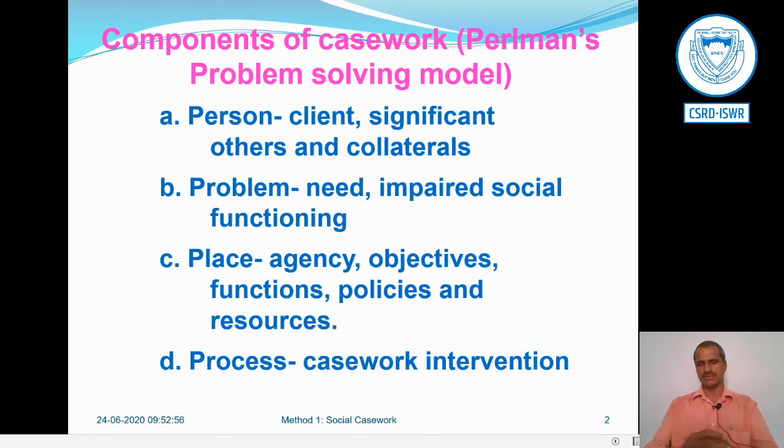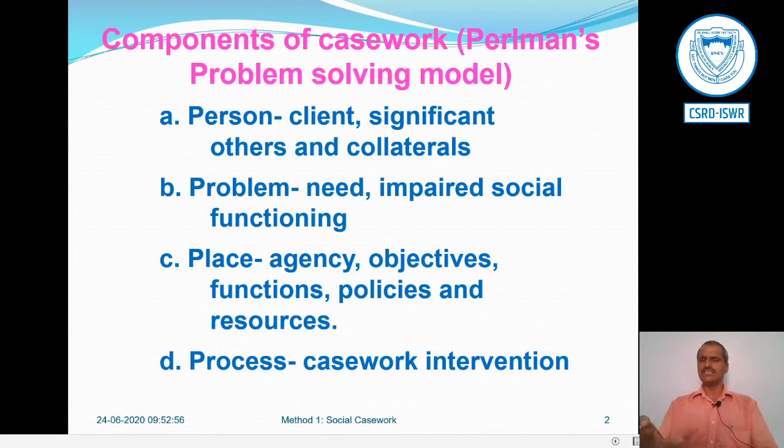Therefore, agency includes the profession and the professional. It is a social work agency. It is a social welfare agency which provides the social casework service.